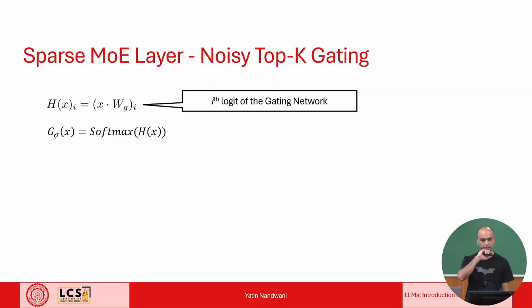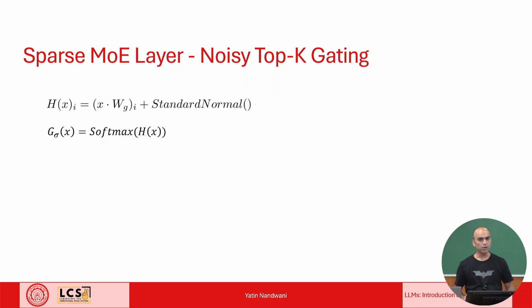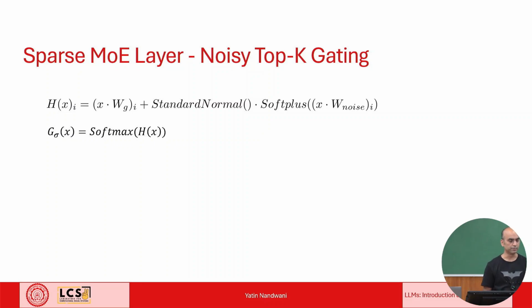How does noisy top-K gating work? So h of x here is the logits that we get from the gating router. Earlier we had g of x, which was the routing probability, which we obtained by doing a softmax over these logits. Now they introduce some noise on the logits, and the amount of noise is also controlled and learnable.